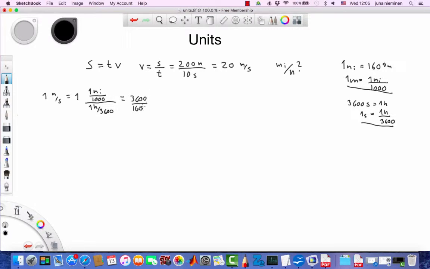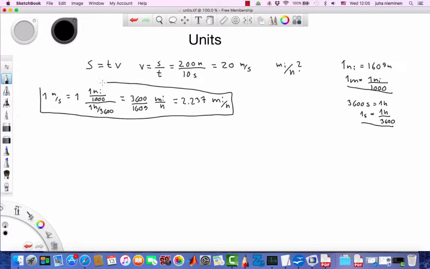All those ones go away, and then in terms of units, we have miles per hour, and the value of 3600 divided by 1609 is 2.237 miles per hour. So this is a pretty useful conversion for future reference.